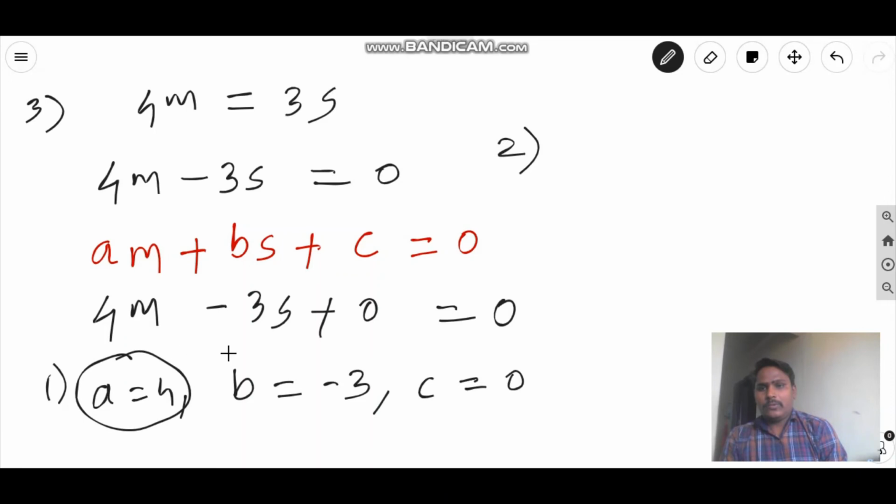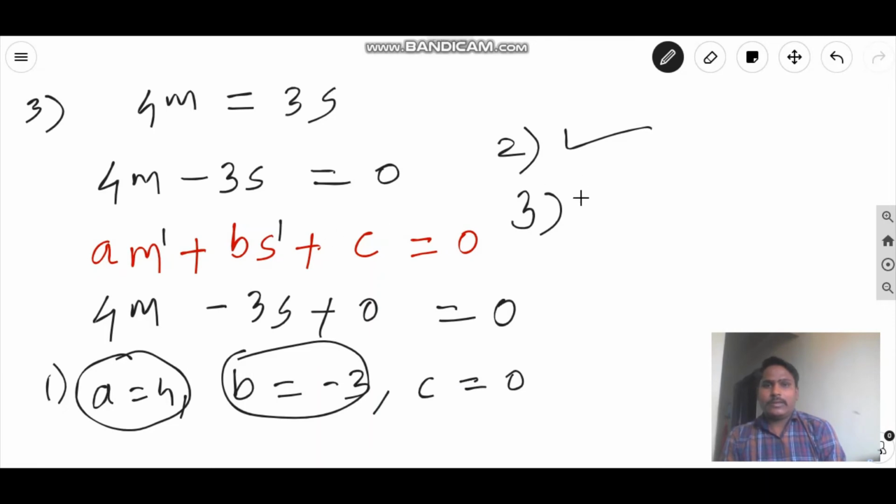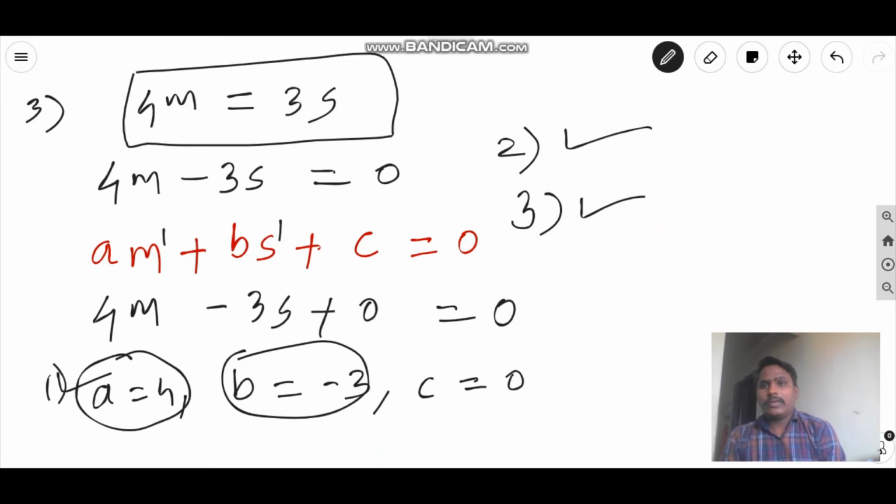Here a is 4, b is minus 3, so they are not simultaneously 0. Third, the highest power present must be 1. Here the power of m is 1 and the power of s is 1, so the third condition is also satisfied. First, second and third are satisfied, therefore the given equation 4m is equal to 3s is a linear equation in two variables.